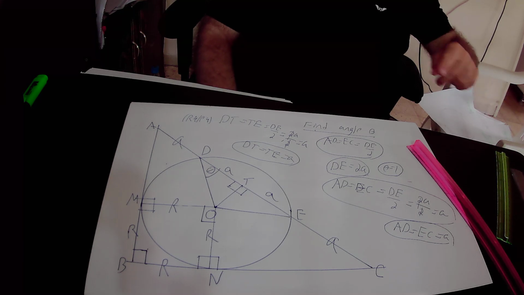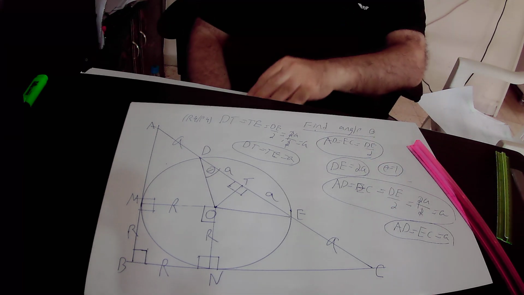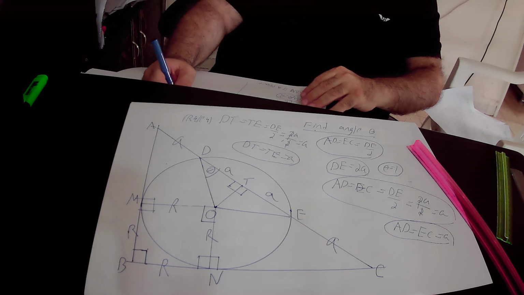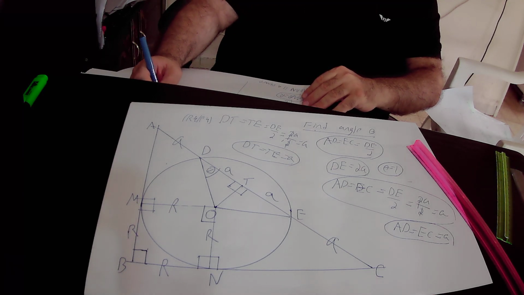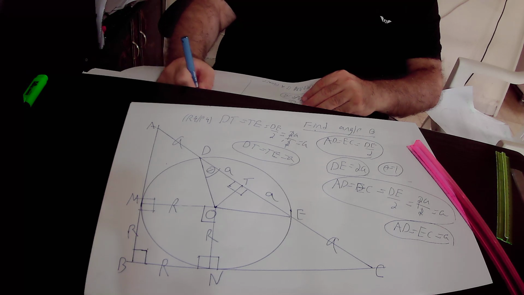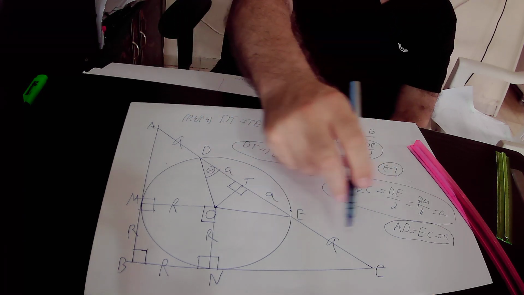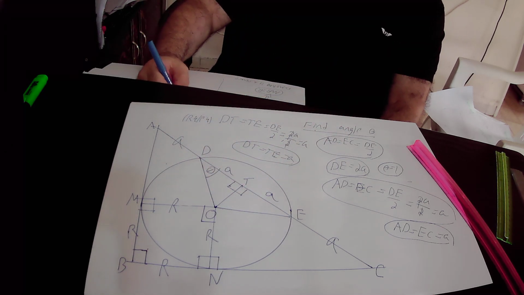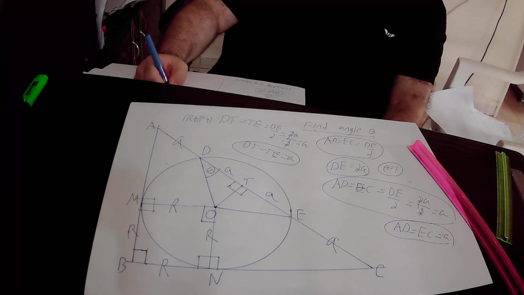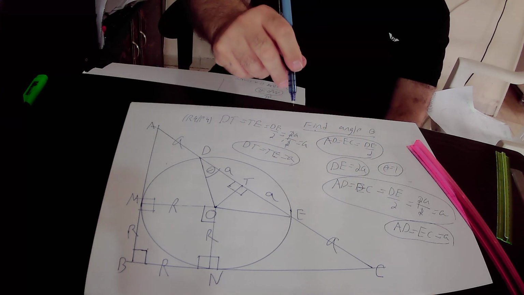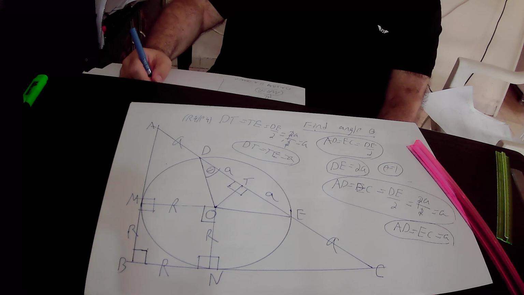We'll implement rule number 10 at point C. According to rule number 10, we get that CN squared equals CE times CD.